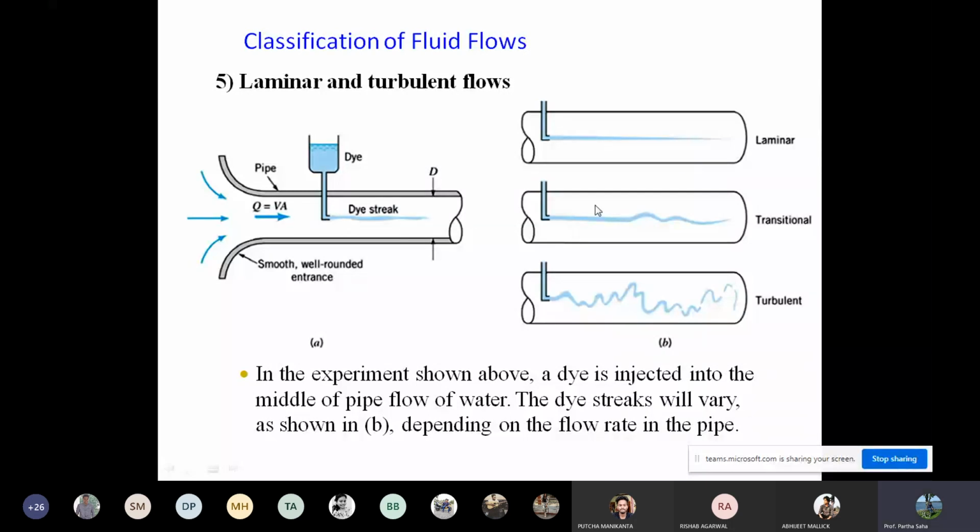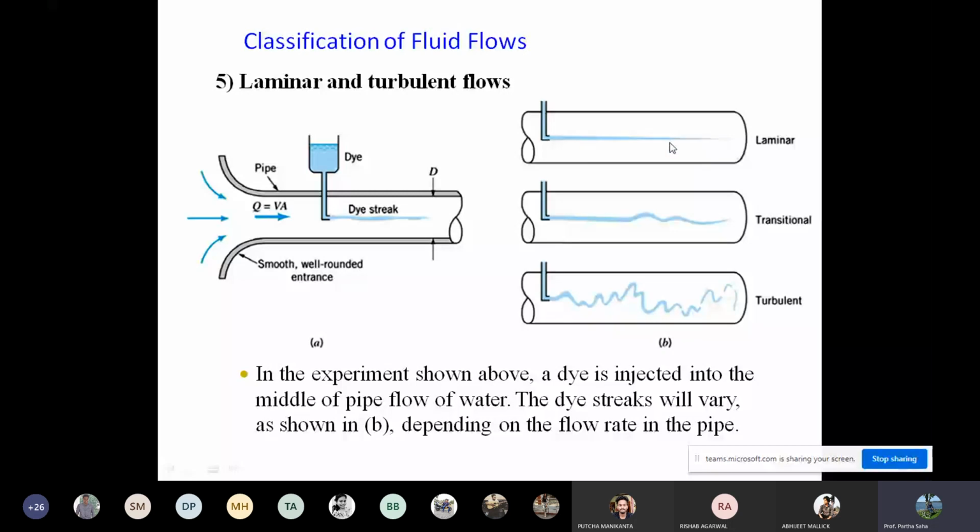Okay, so as you can see here, three conditions have been given. The dye is going to show the path line of the fluid. In the first case, the laminar flow, there are no disturbances in the velocity profile or in the distance traversed by the fluid from the start to the end, right?